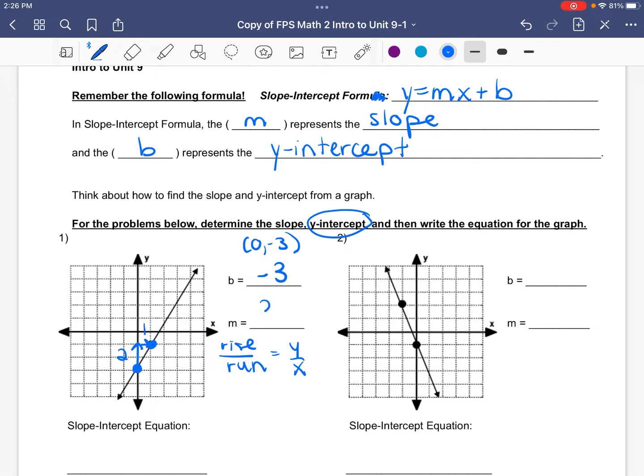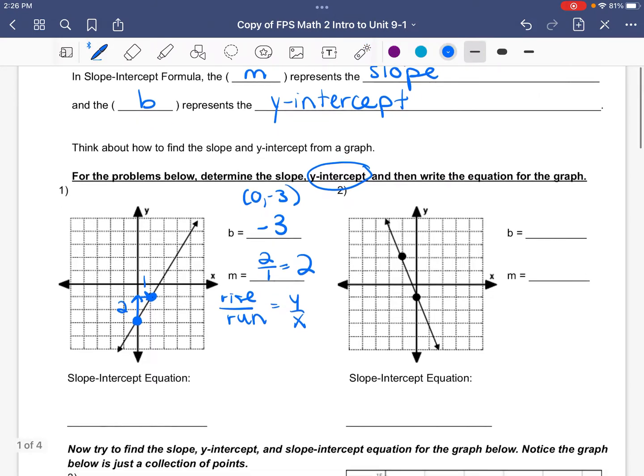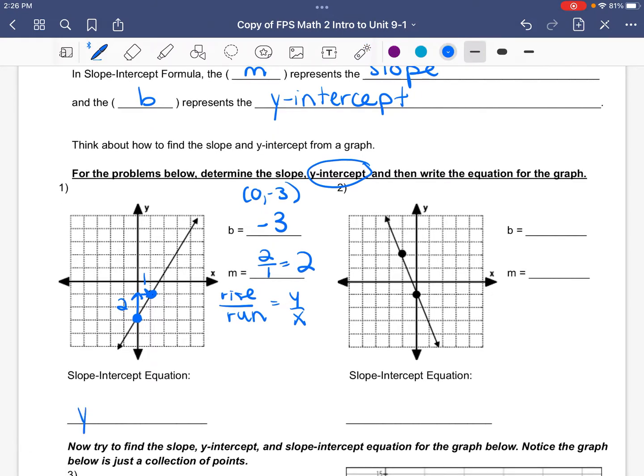So my slope is 2 over 1, which is 2. So if my m is 2, and my b is -3, that's where these values are coming from, I'm going to plug in for m and for b into my formula. So my final slope-intercept equation is y = 2x - 3.